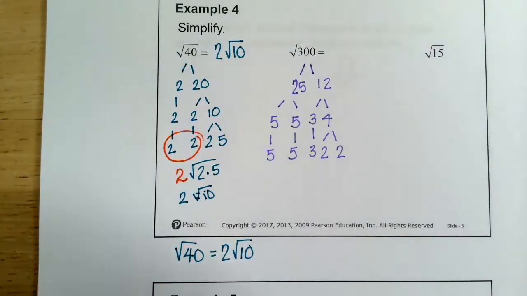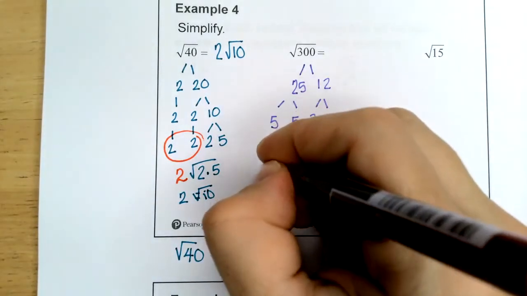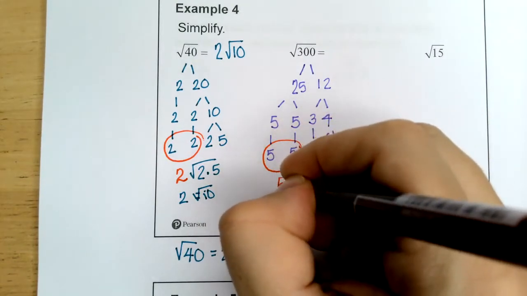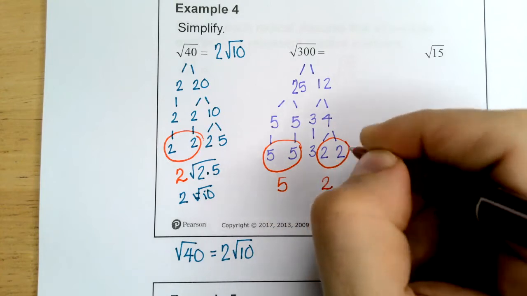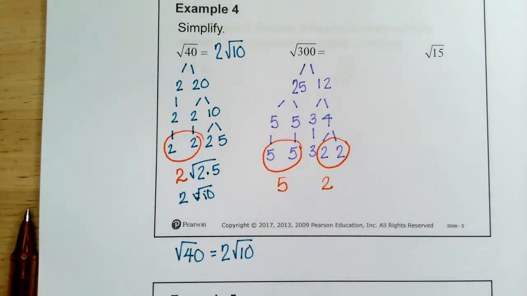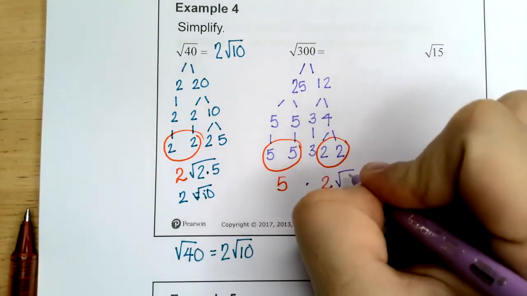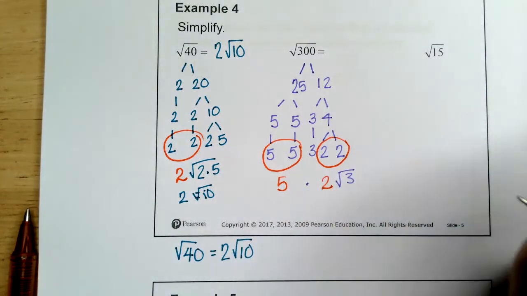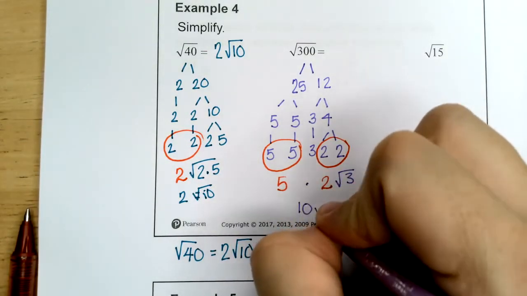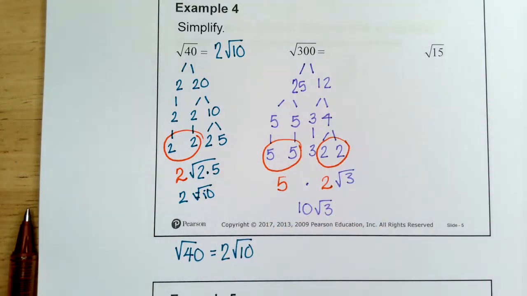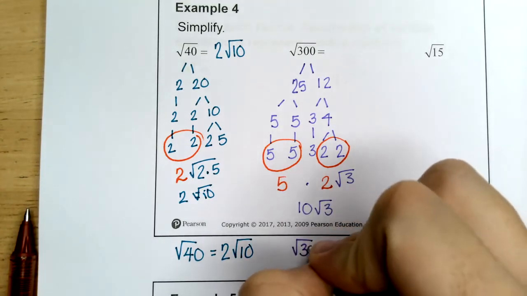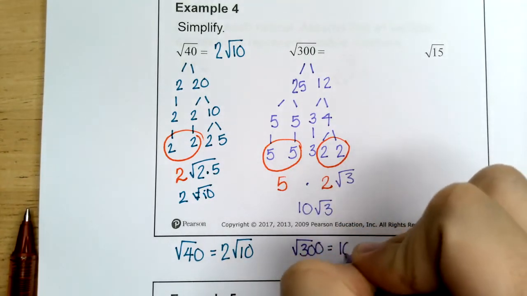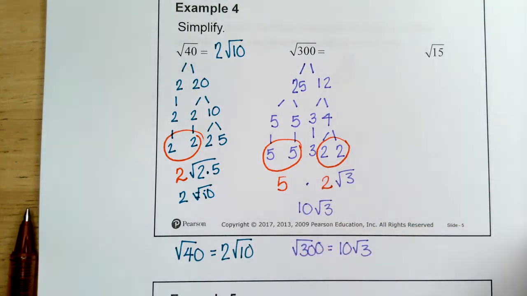So now I have a 5 coming out and a 2 coming out with a 3 left there under the radical. Good. 5 times 2 is 10, square root 3. So the square root of 300 is the same as 10 square root 3.